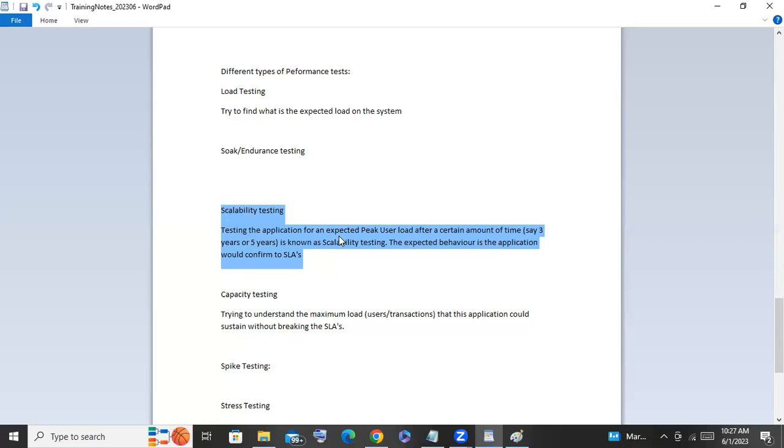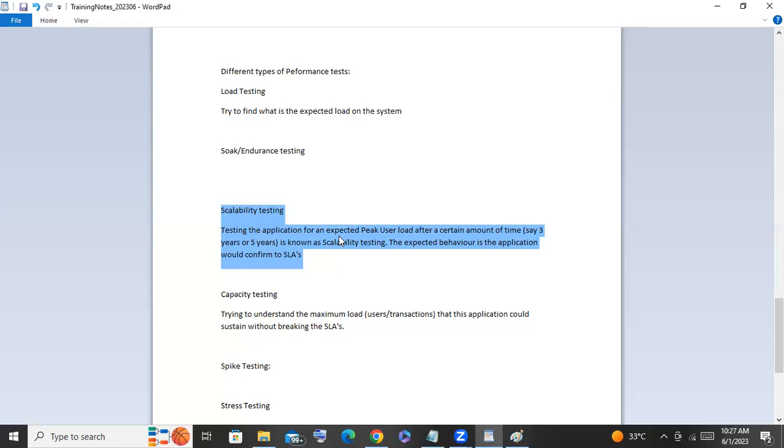But what would happen when a scalability test fails? A proper business authority might sign off, and you might release this application to the target users. Because what is scalability testing? You are testing for 3 or 5 years down the line, according to your requirements.